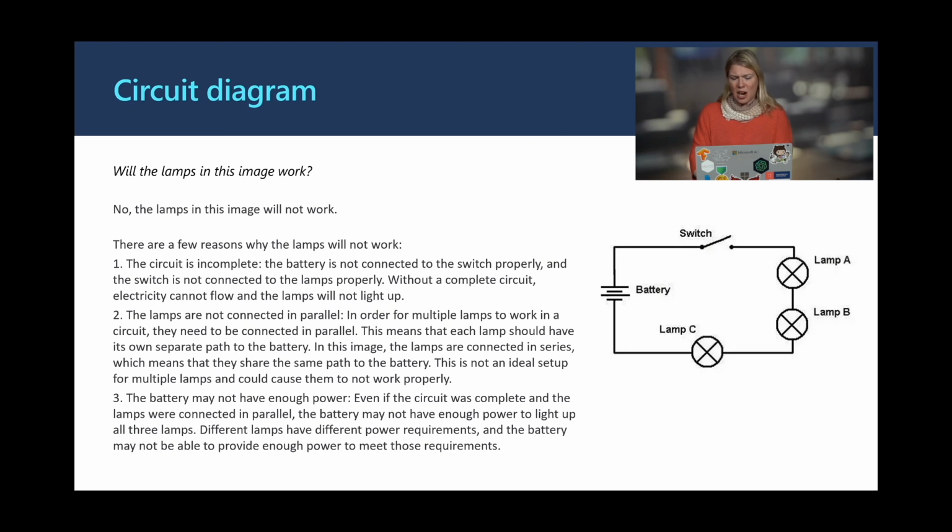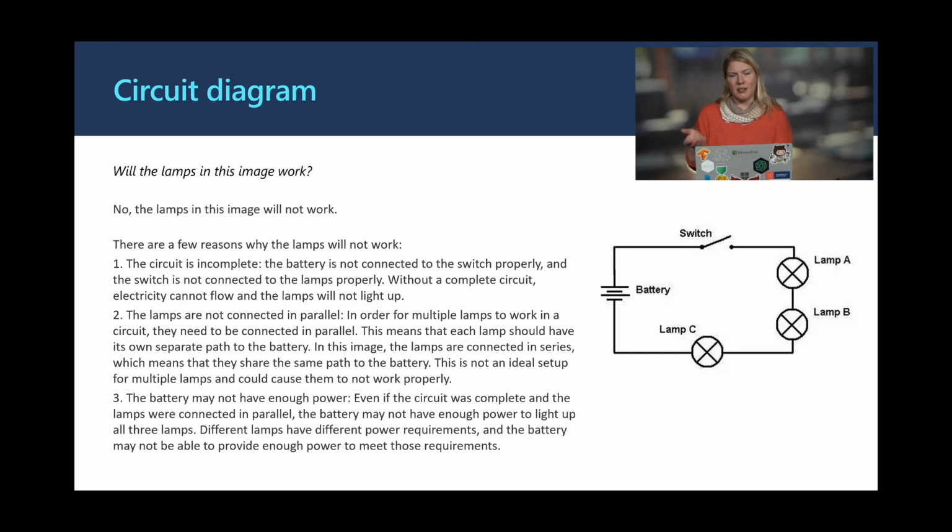The answer I was looking for was really the first answer that was given there, that the circuit was incomplete. But it actually came up with two other reasons that, after reading them, made sense. Number 2 is really more of a best practice, saying that the lamp should be connected in parallel rather than in series.